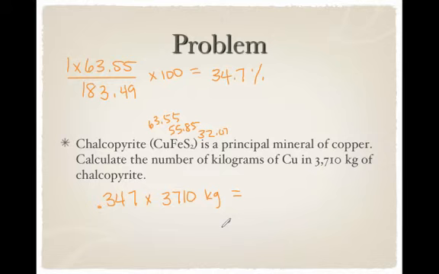So out of that big amount of chalcopyrite, we have 1,287.37 kilograms of just copper.